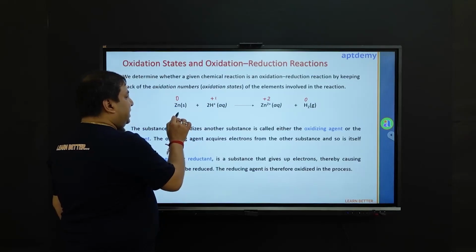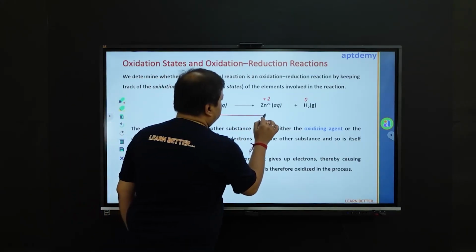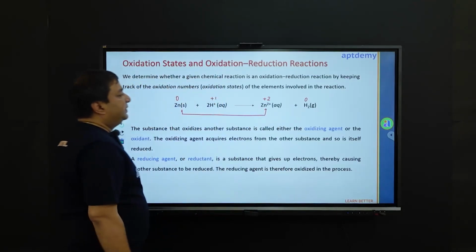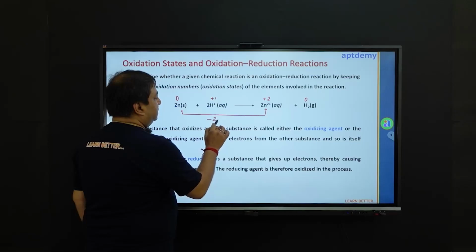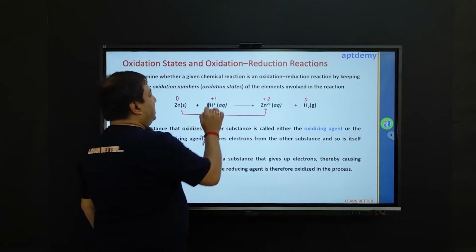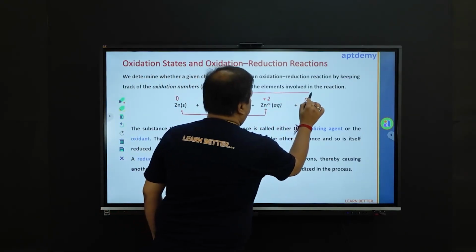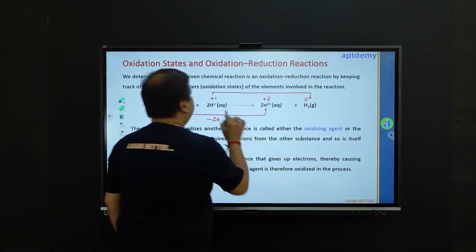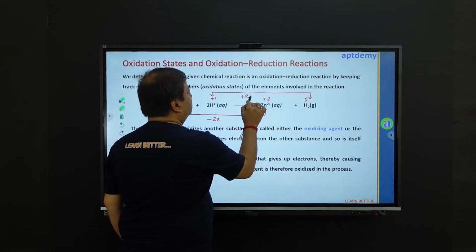Zinc, when it goes to zinc 2 plus, has lost 2 electrons. And when the proton goes to H2, it has gained 2 electrons.